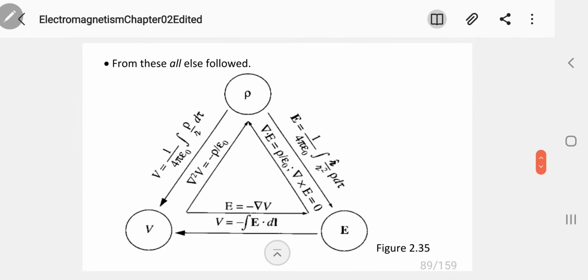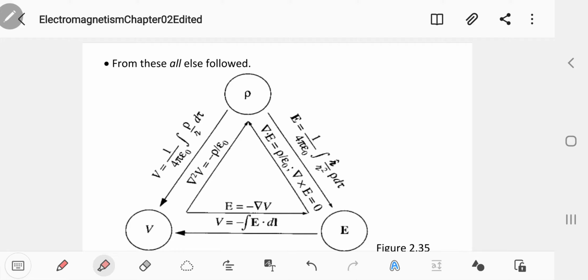So here we have a diagram. You have a potential here that's calculated that way, and that is just equivalent to the differential form of that one.